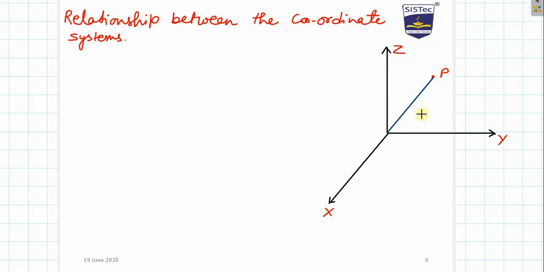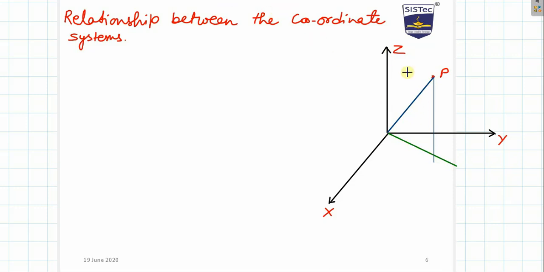Now the projection of it on the xy plane can be drawn like this, and this is your rho vector.